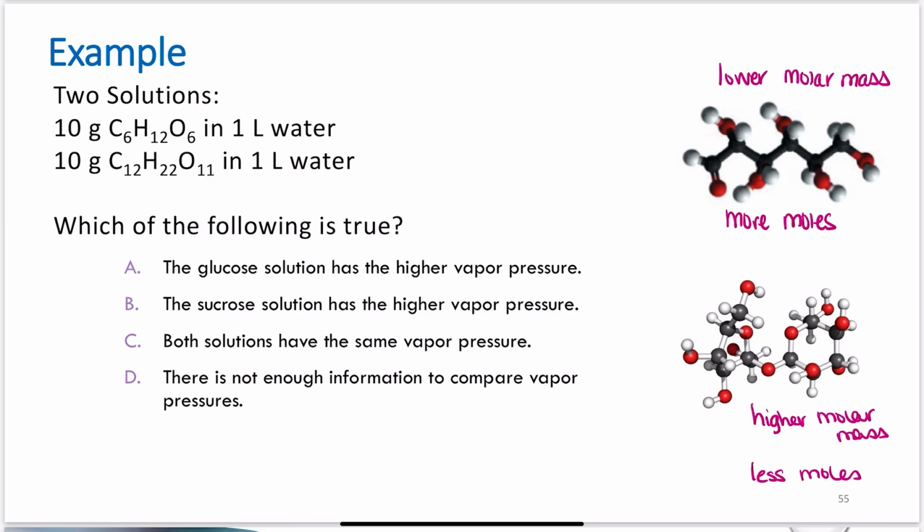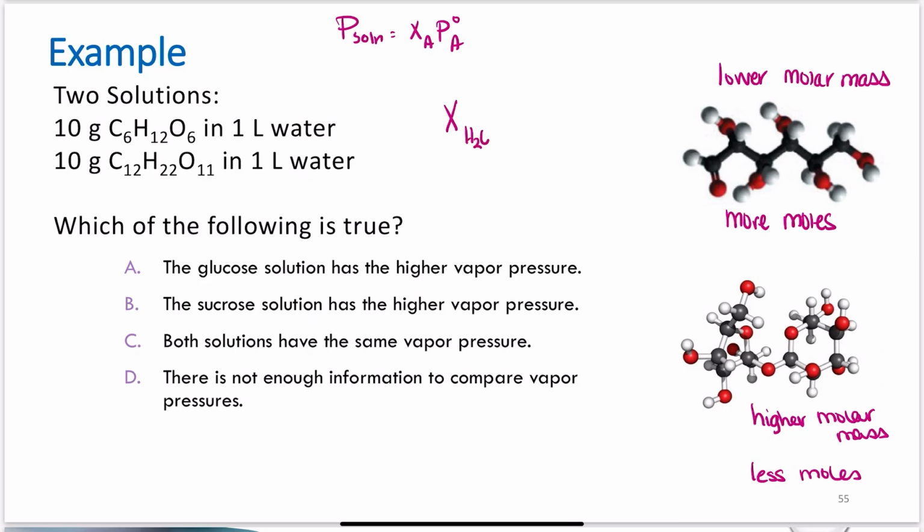Well, what causes a higher vapor pressure? It's easier to escape. How do we calculate vapor pressure? P of solution is equal to the mole fraction times the vapor pressure of that solution. So if I know that I have less moles of something, think about your mole fraction here.